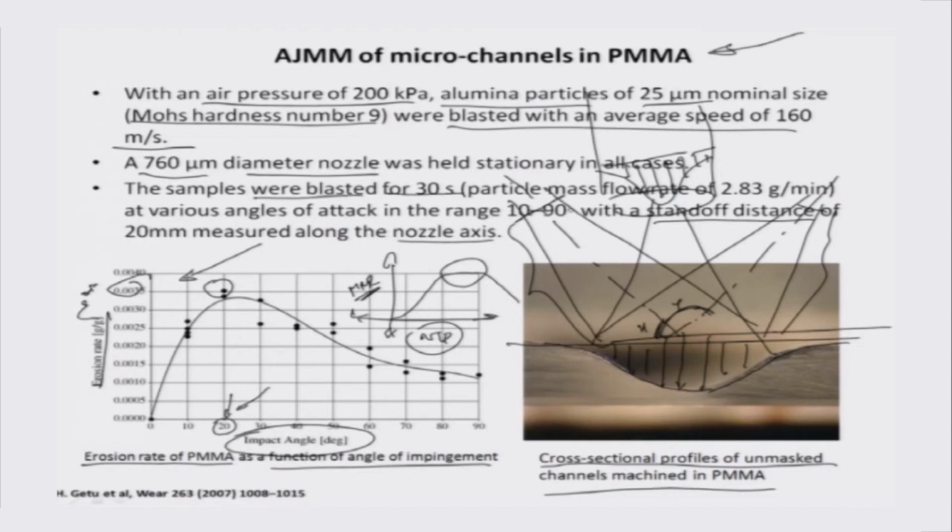Particle mass flow rate in this particular case is 2.83 gram per minute, at various angles of attack in the range of 10 to 90 degrees with a standoff distance of 20 millimeters measured along the nozzle axis for the optimum angle. So, that is how AJMM has been used in this particular case for working on polymethyl methacrylate.